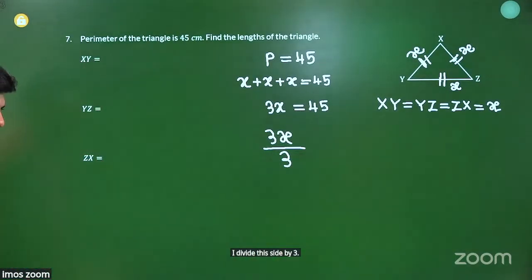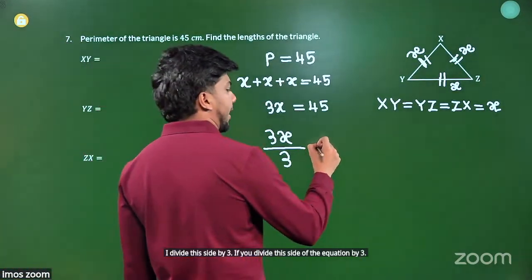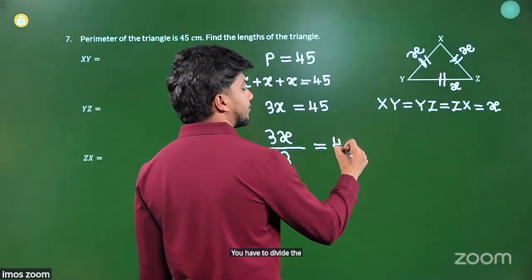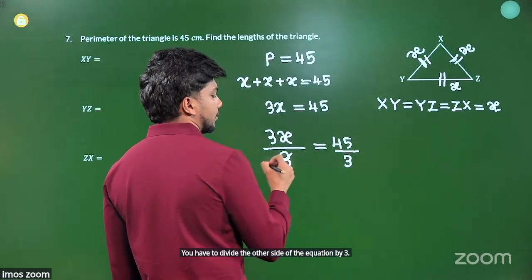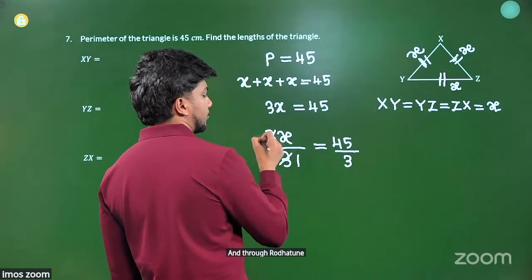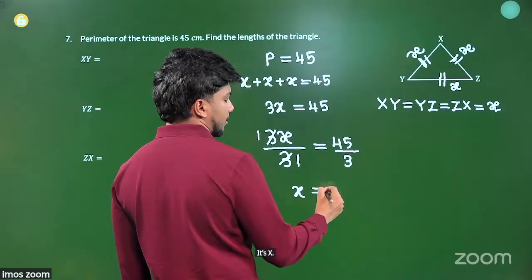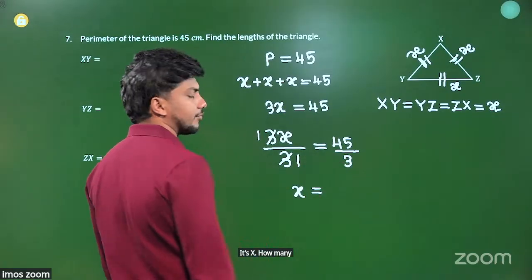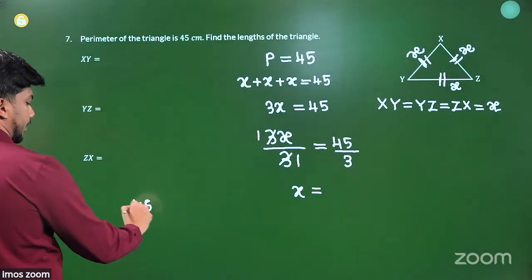If you divide this side of the equation by 3, you have to divide the other side of the equation by 3. And 3x over 3 is x. How many 3s for 45? 45 divided by 3.